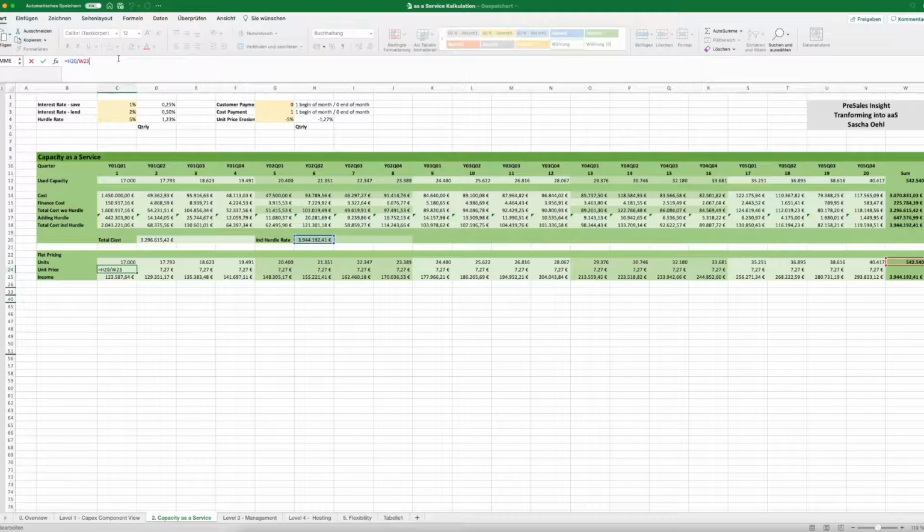We know the total number of units that we can settle, and then we divide the cost, including the hurdle rate, by the number of units we settle, and we get a price of 7.27 euro per unit. Multiplying it out, so the number of units multiplied by the unit price gives us an income per each quarter, and it sums up to exactly the 3.944 million as we had in the cost sector.